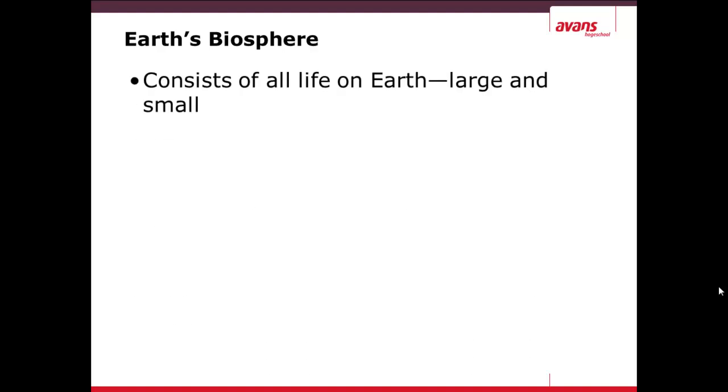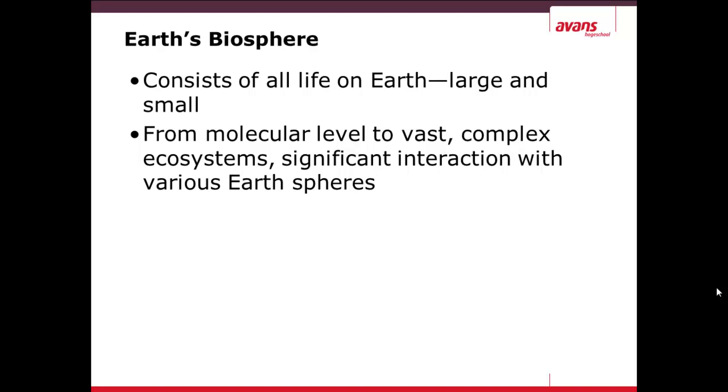Lastly, the final sphere that we'll be talking about consists of all life on Earth, the biosphere, and of course all life from the largest our planet has ever seen, the blue whale, to the smallest bacteria. On a molecular level, this is a very complex and vast ecosystem.